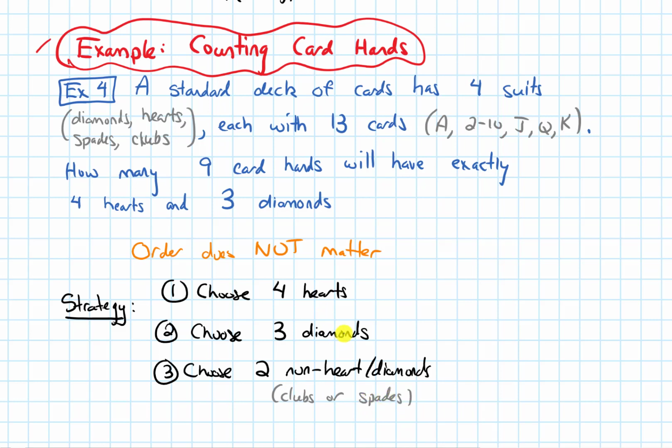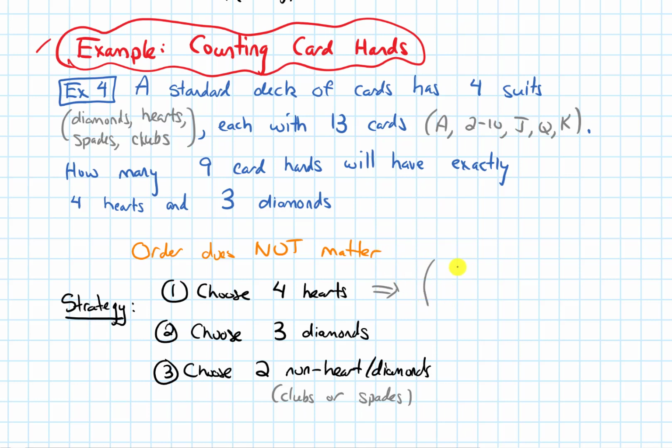All right, so let's think about how many ways there are going to be to choose each item here. So let's do the 4 hearts first. So we need to select 4 hearts, and there are 13 total hearts in the deck of cards, because each one of the suits has 13 cards. And the order in which we pick those 4 hearts does not matter. So we're going to use combinations. So I'm going to use my notation for combinations.